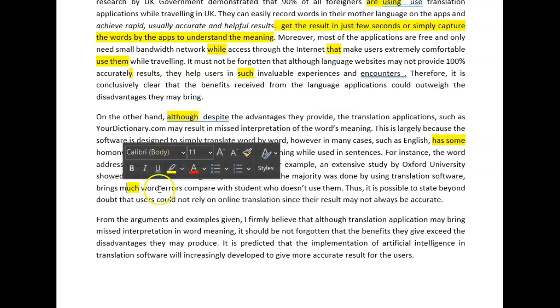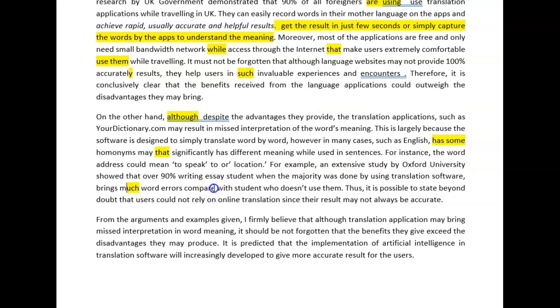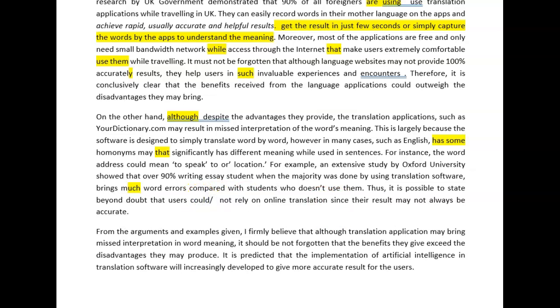Much for uncountable, many for countable word errors compared. Watch out on this one, yeah, compared with students, plural, who don't use them. Yeah, thus it's possible to state beyond doubt that users could not rely on online translation since, yeah, here I'd actually put should, because you're making a recommendation. Should not, don't do it, since their result may not be always accurate.